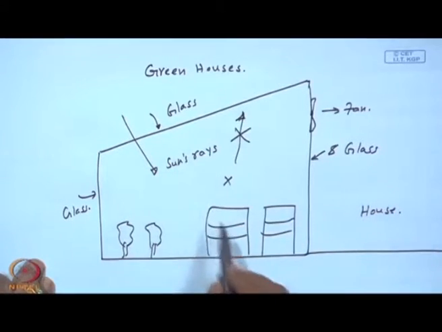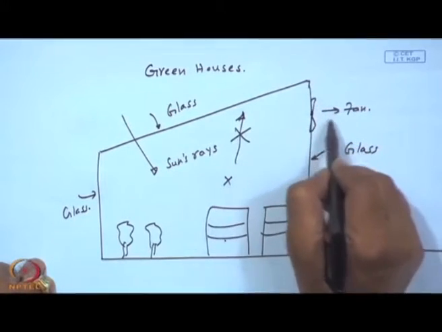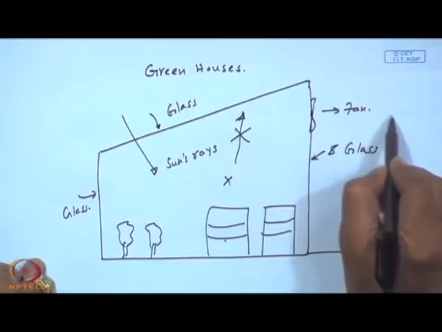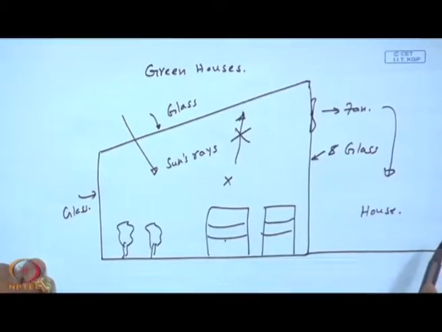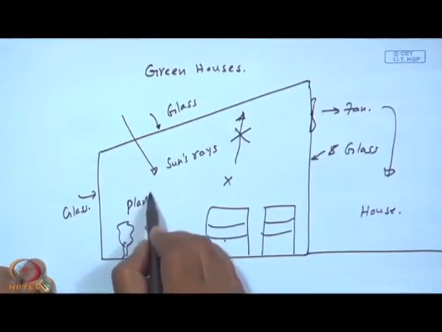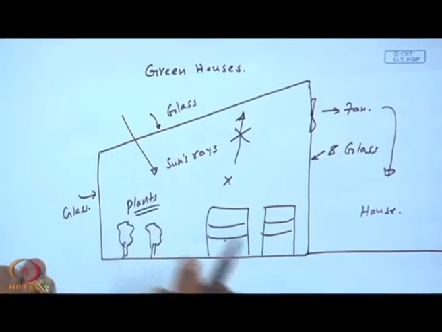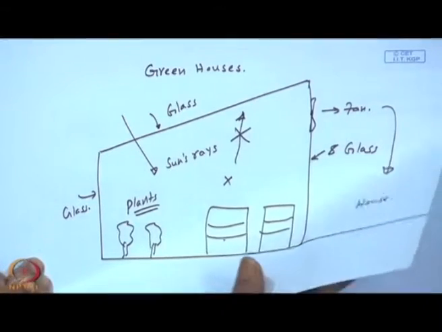So, this gets warmed up and this drum of water gets warmed up, and in the night it releases heat, and you may divert this fan into the house, which will keep the house warmer. In addition, in winter the plants, they can survive with a temperature of 20 C or 30 C, right, instead of sub-zero temperatures.